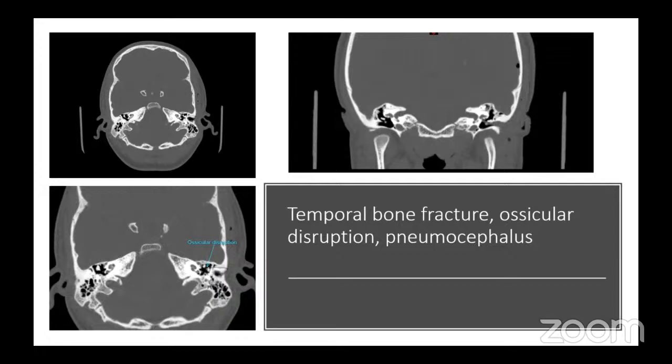And in the axial image, there is a fracture line running along the temporal bone and also onto the middle ear and dislocating the incudostapedial joint, which could suggest his hearing loss symptoms. He was given an outpatient appointment for further assessment of hearing with ENT, and A&E discharged him the following day.